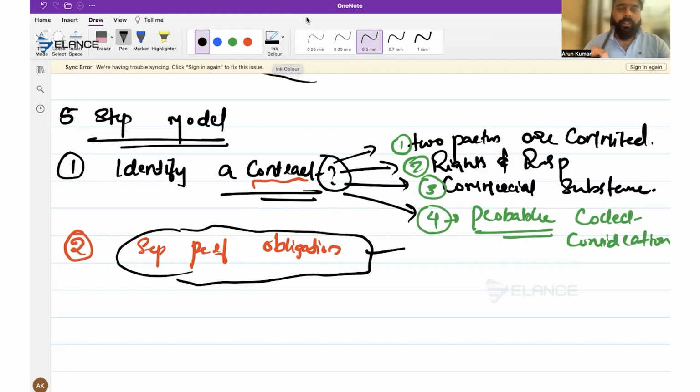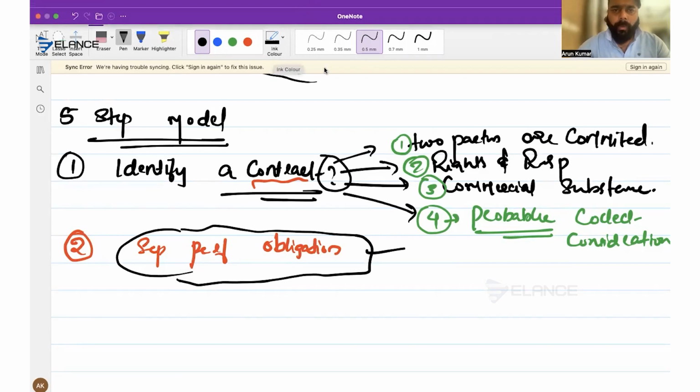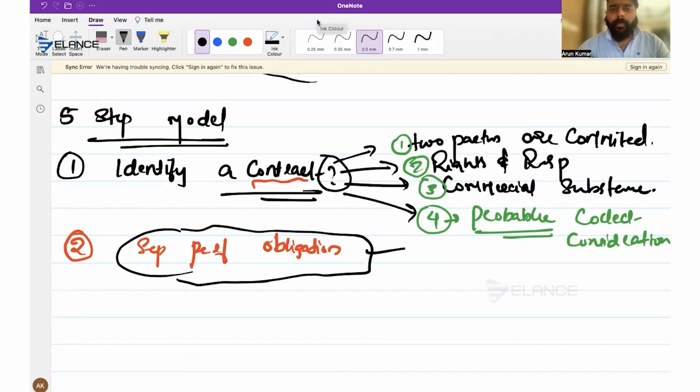For example, we know that a car has four wheels, an engine, seats, and a body. So are we considering each of these items inside the car as separate performance obligations? No. Because in the contract it is mentioned that I will give you the car.